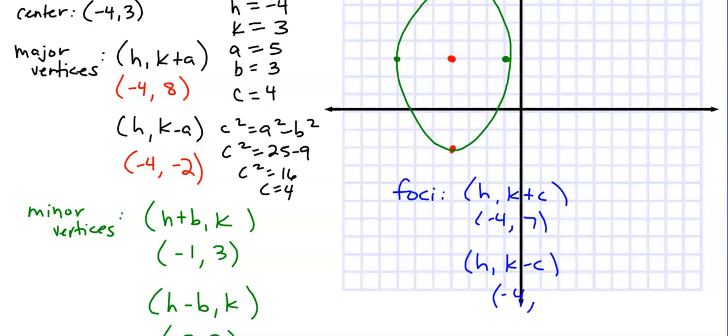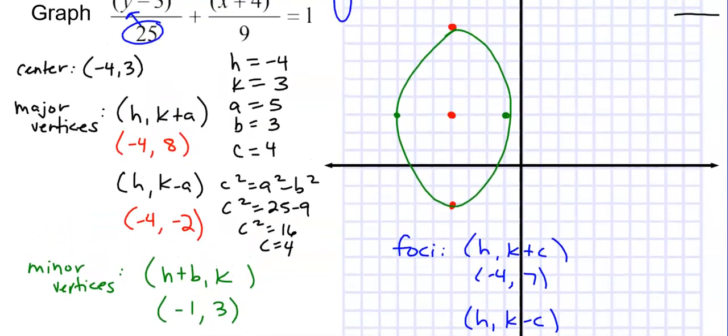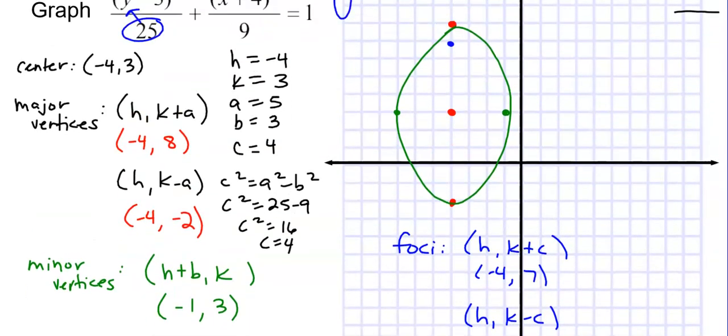And K minus C, so 3 minus 4 is -1. So -4, 7 and -4, -1. So there. And there. And my picture obviously is not perfectly perfect, but yeah, so everything should look nice and symmetrical. And if it doesn't, you did something wrong there.